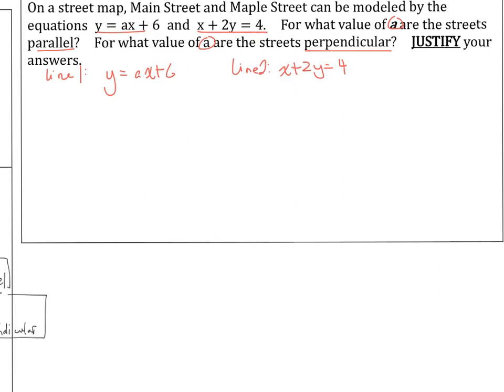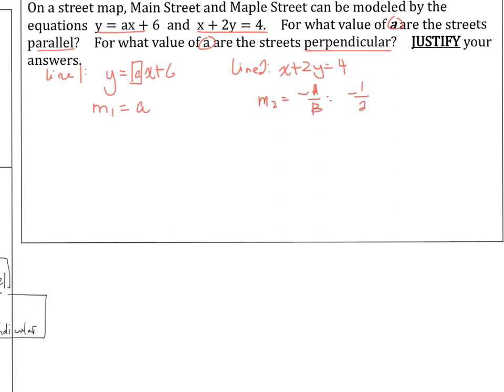For the first equation, the slope is a. For the second equation, the slope is negative 1/2.